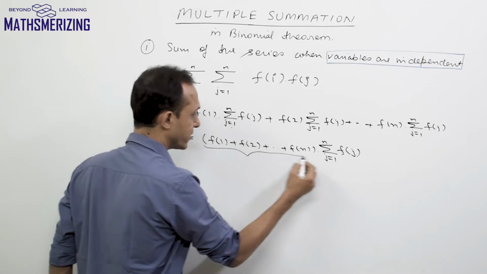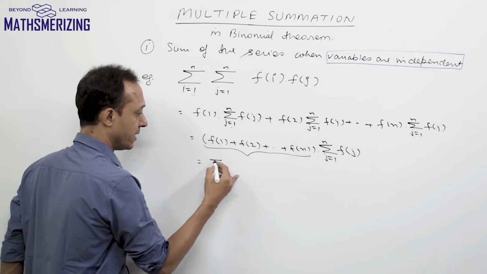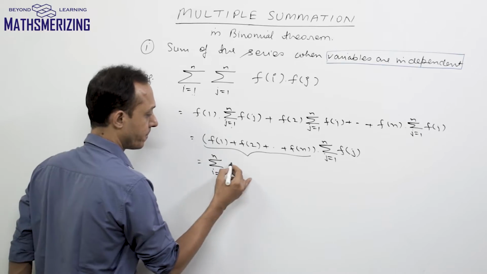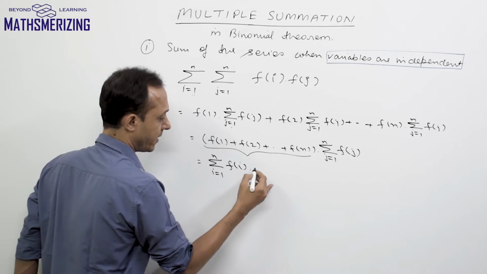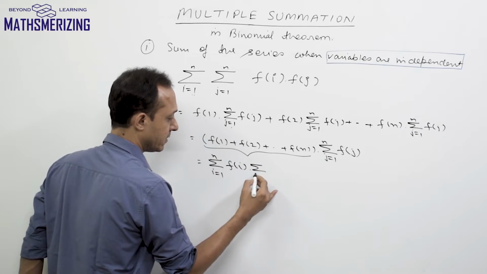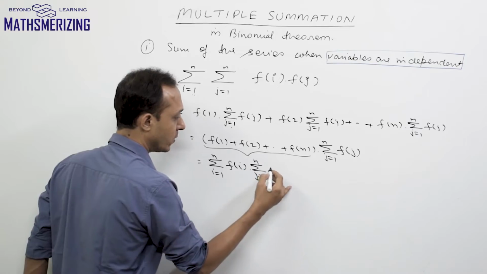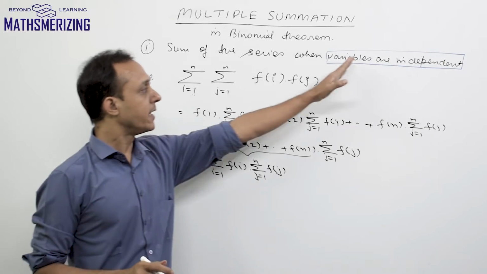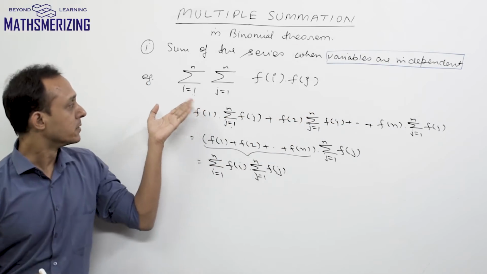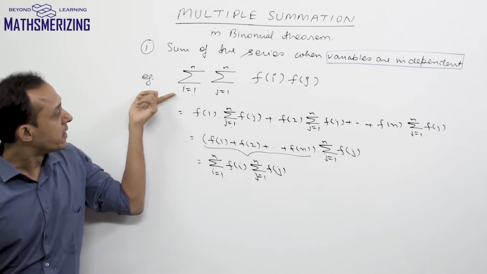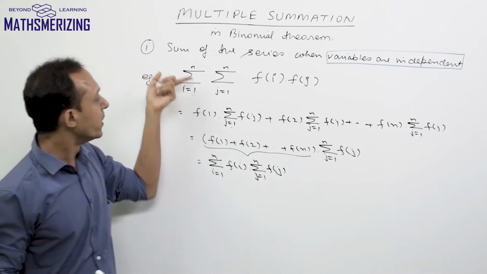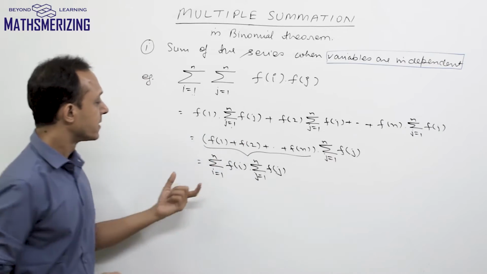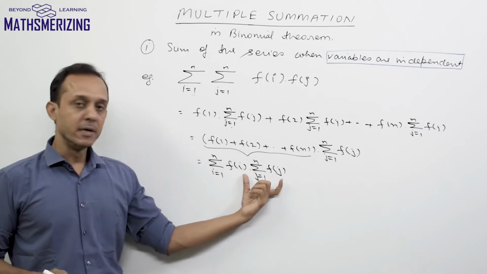Now this first sum is nothing but summation i varies from 1 to n of fi, into summation j varies from 1 to n of fj. So when the two variables are independent, we have no problem in solving such problems. If I have this double summation, i from 1 to n, j from 1 to n, fi into fj, what I'll simply do is express it as summation fi into summation fj.